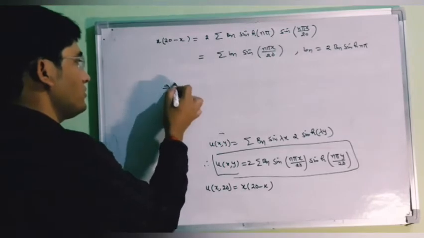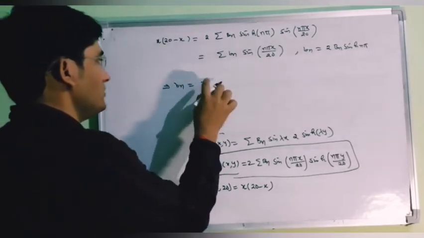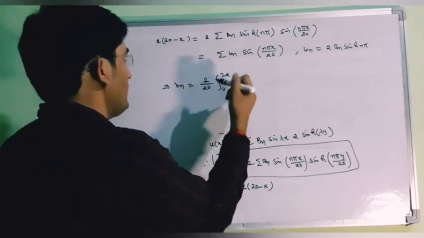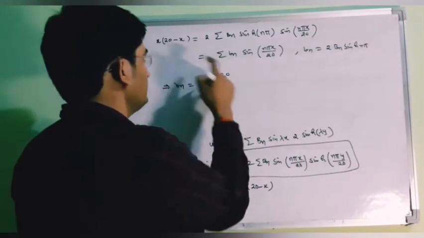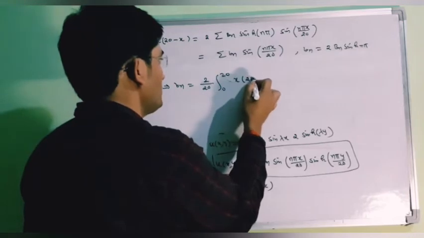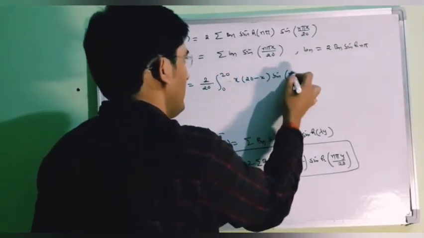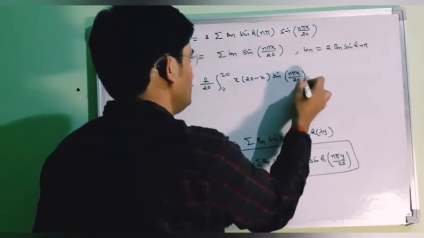So from here your Bn will be 2/L, where L is 20, integral from 0 to 20 of f(x), which is x(20 - x), into sin(nπx/20) dx.